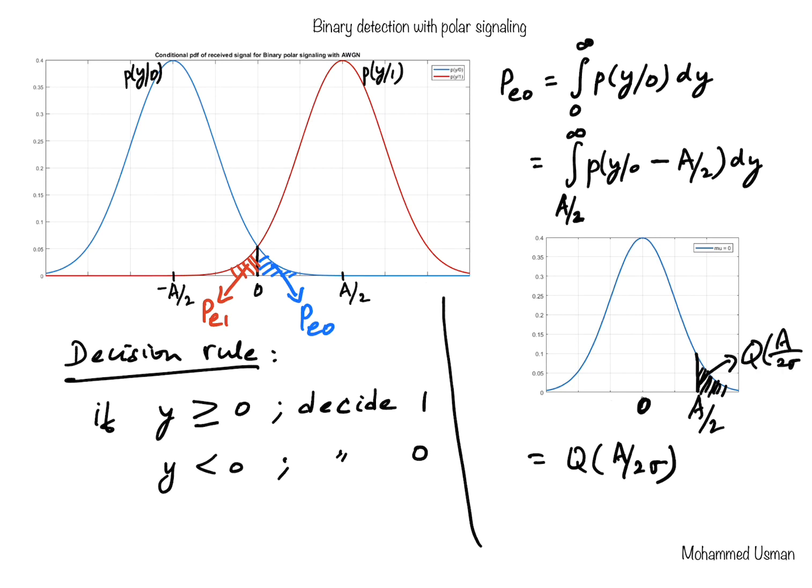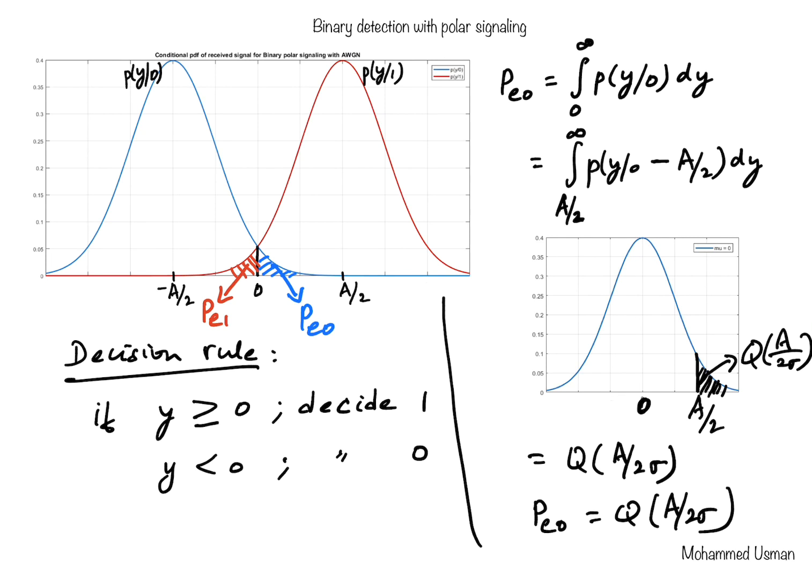Q of a by 2 sigma. So it's this area that is being computed by this expression here. But this integral is basically representing this area, which is nothing but the Q function. So PE0, the error probability when a 0 is transmitted, PE0 is equal to Q function of a by 2 sigma.